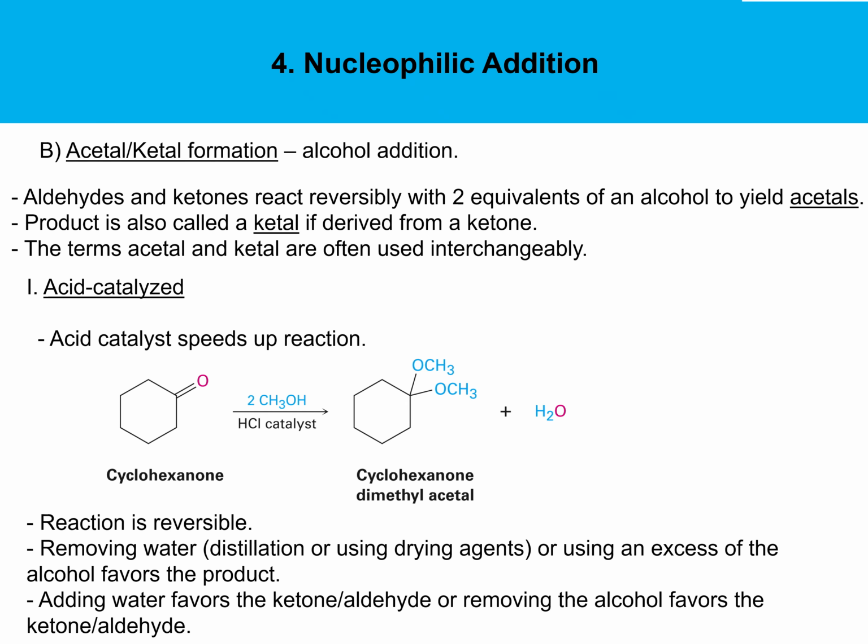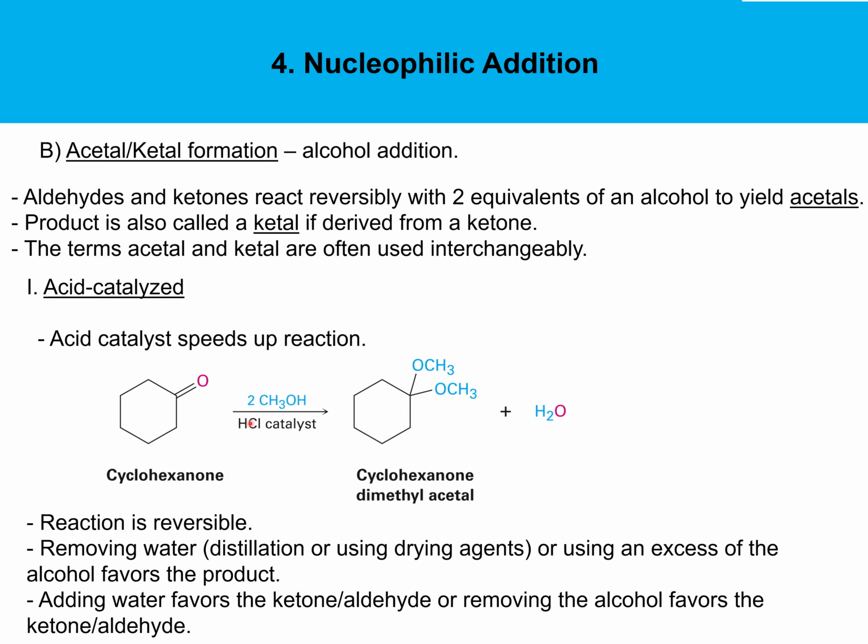The reaction between alcohols and ketones or aldehydes is generally slow under neutral conditions. We can speed up that reaction by using an acid catalyst. Here's an example with cyclohexanone.